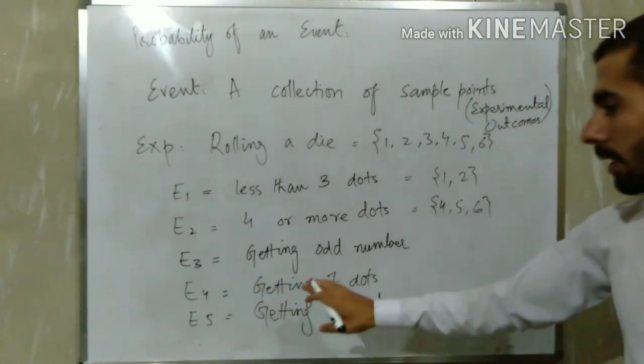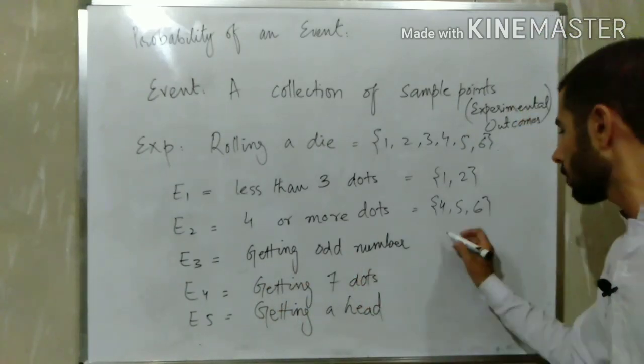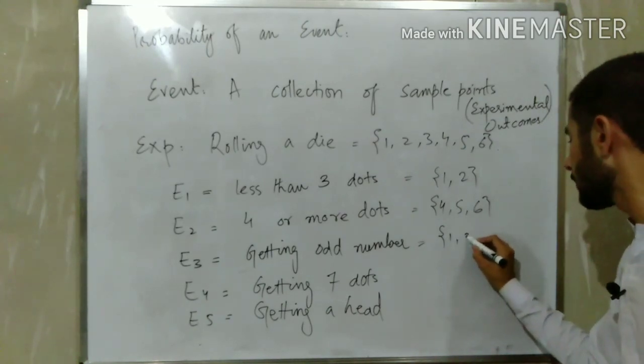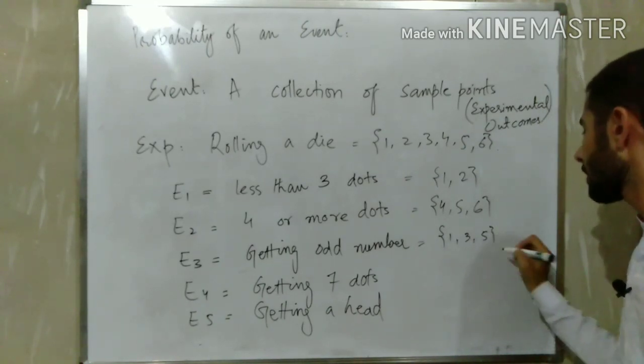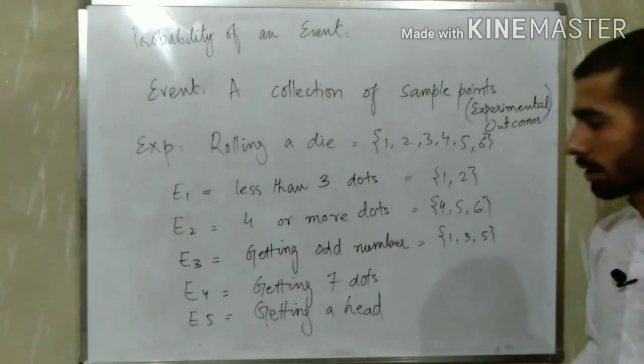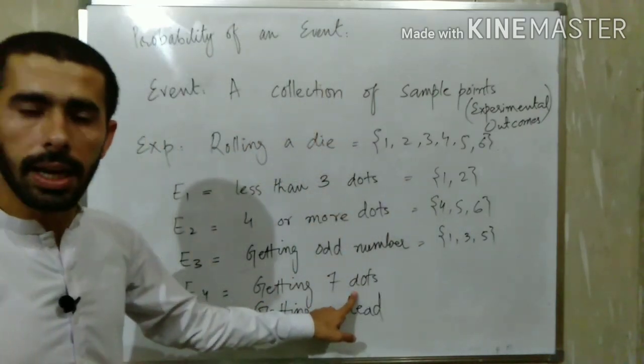For the third event, it says getting an odd number of dots. So if I get 1 dot on the face of the die, 3 dots or 5 dots, I am okay. These all points satisfy the third situation. The fourth one says getting 7 dots on the face of a die.